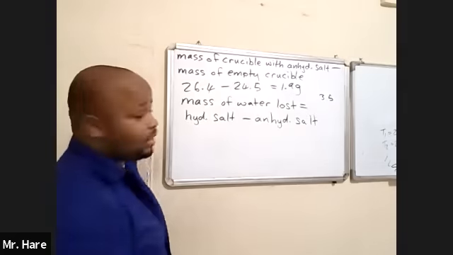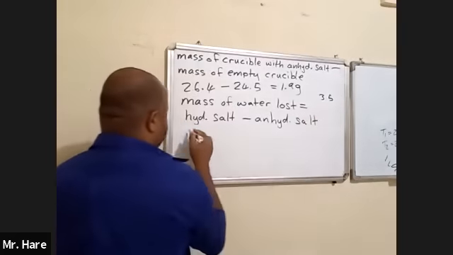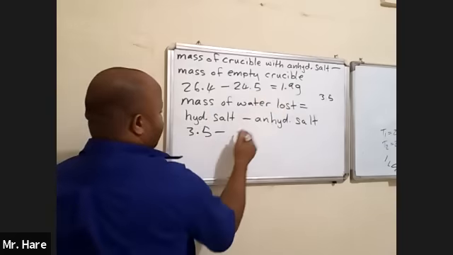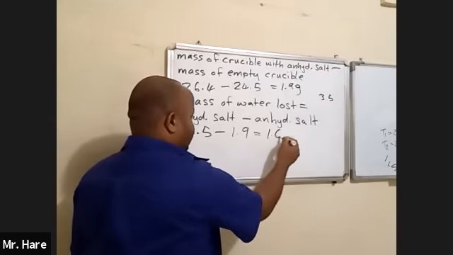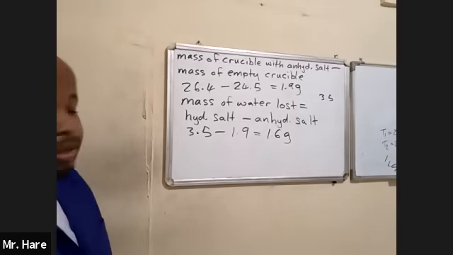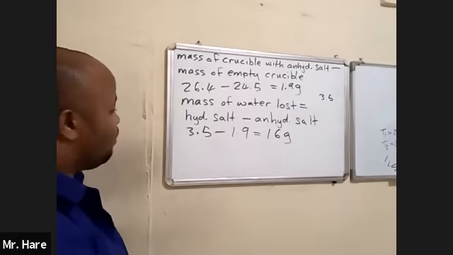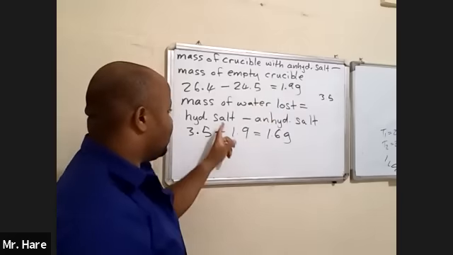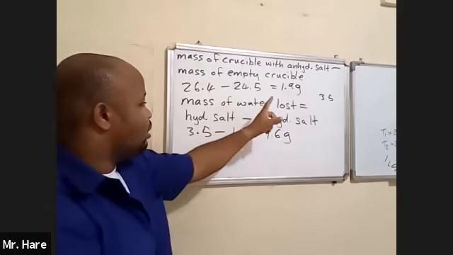So the mass of the hydrated salt was 3.5. And the mass of the anhydrous one was 1.9. 1.6 grams. So the first three calculations that you will find out is the mass of the anhydrous salt, the mass of the hydrated salt, and then we use that now to calculate the mass of the water loss.